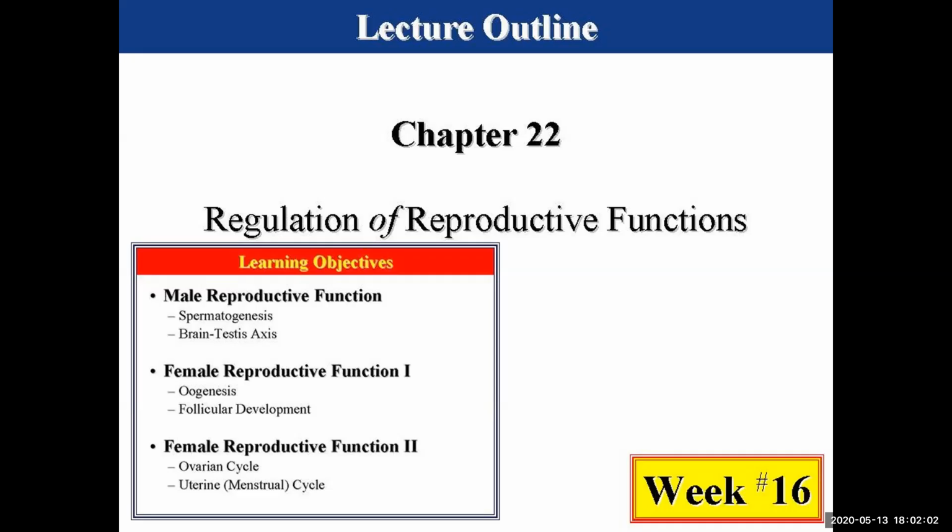So today we're going to focus on the functionality of that organ system, and how, for example, sperm are being produced. So going over the male reproductive function, spermatogenesis, this is how the body produces sperm.